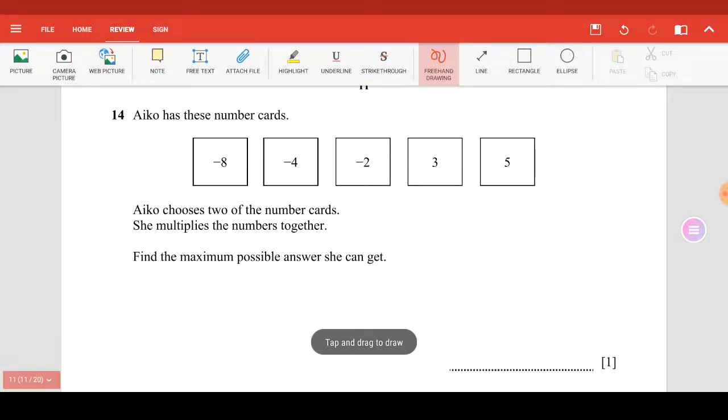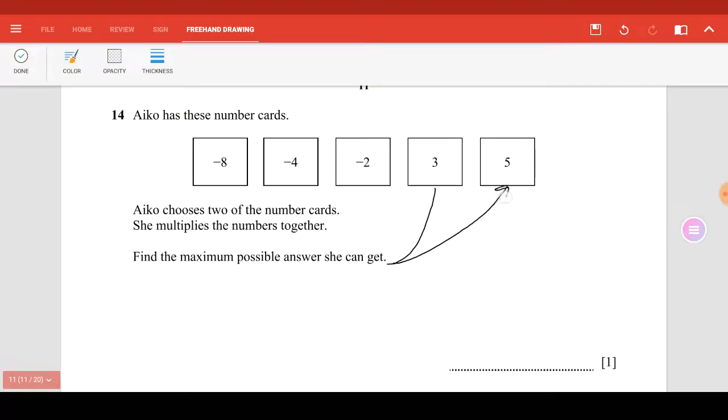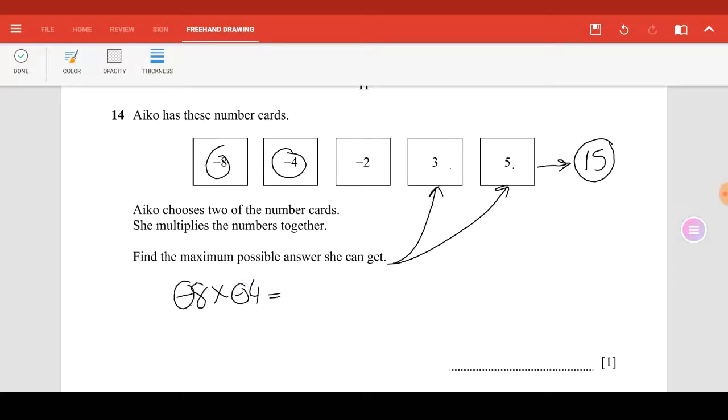Actually, you will go directly to the two positive numbers, and when you multiply them, they will give you 15, and you will be wrong, because we have on the other side -8 multiplied by -4. Even though they are negative, a negative multiplied by a negative number will give you a positive number. 8 multiplied by 4 is 32. So the answer is 32.